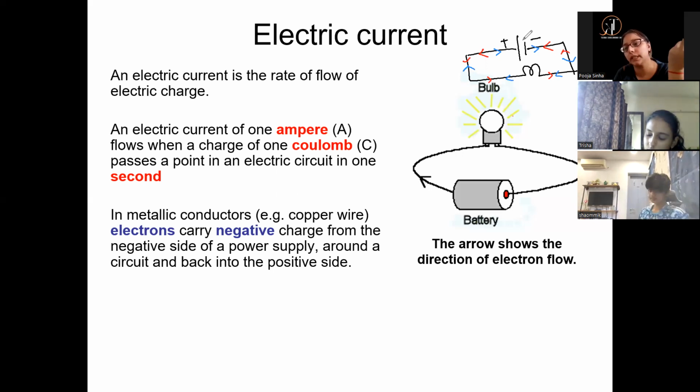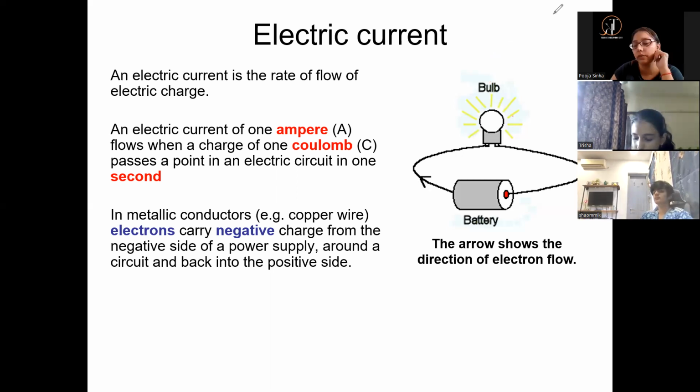By the time all the circuits and everything was made, and it didn't make any difference in calculation. It just made a difference in the direction, which makes no difference in electricity. So we continue using the old way. Clear? Okay? So conventional flow and electron flow. Again, there'll be a lot of questions in the past paper based on this.